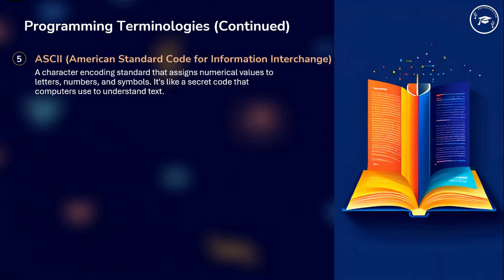So ASCII stands for American Standard Code for Information Interchange. What is it? It's a character encoding standard that assigns numerical values to letters, numbers, and symbols. Yes, so when you are coding, I remember I told you that the computer understands only zeros and ones. So for us to be able to code for the computer to understand this, the Americans came up with the ASCII code, which is used globally. And what do we mean by that?